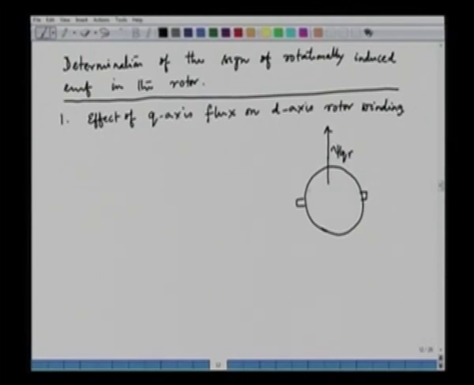So, we can have the conductors like this, like a DC machine rotor. These are the cross sections of the conductors, and the rotation as per the convention is in the clockwise direction. So, this is the direction of rotation, omega r.